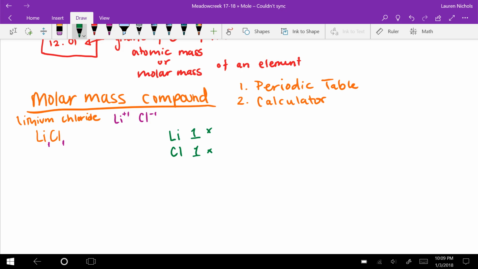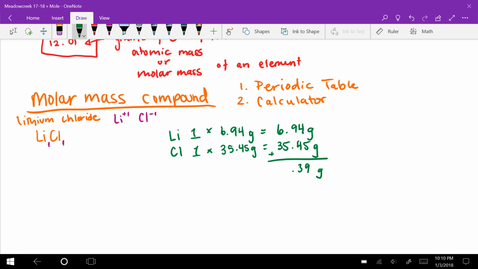So lithium has an atomic mass of 6.94 grams, and chlorine has an atomic mass of 35.45 grams. And when I multiply those through, they stay the same. So 6.94 grams and 35.45 grams. And then I add them together. So I will have a molar mass of 52.39 grams per mole.